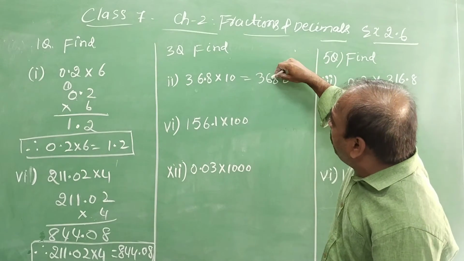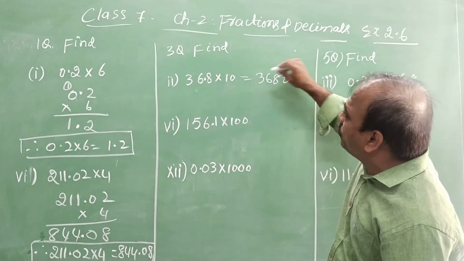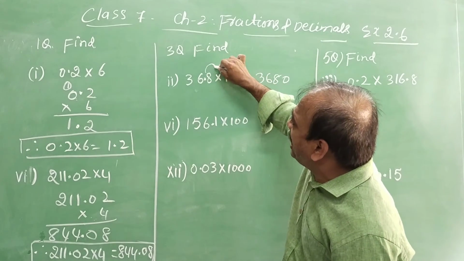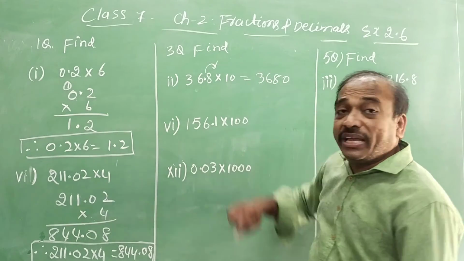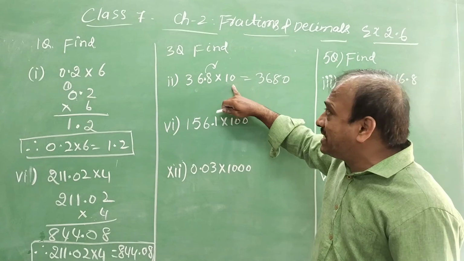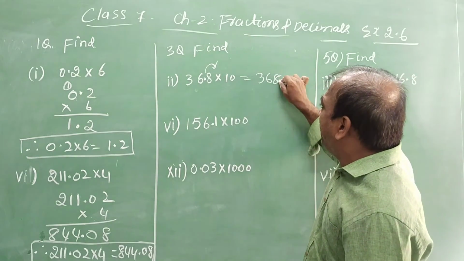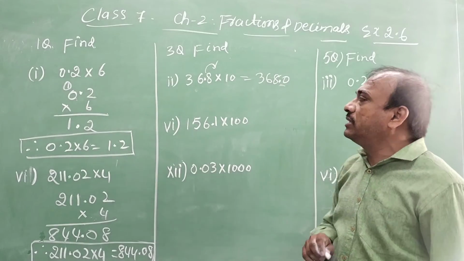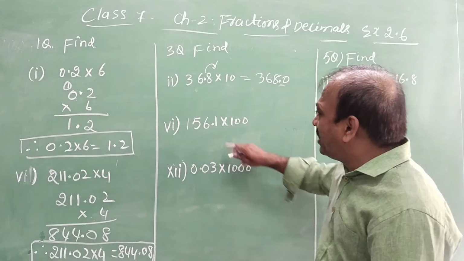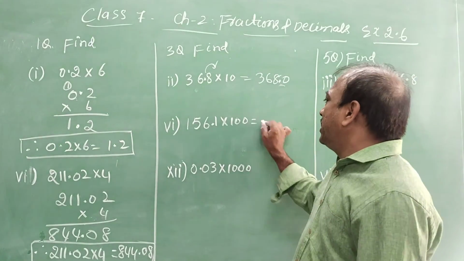Now actually the decimal point was here, so it will move towards the right side. How many digits will it move? As it is 10, there is one 0, only one place. So here 368.0.